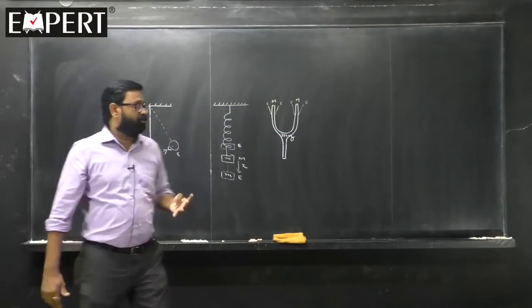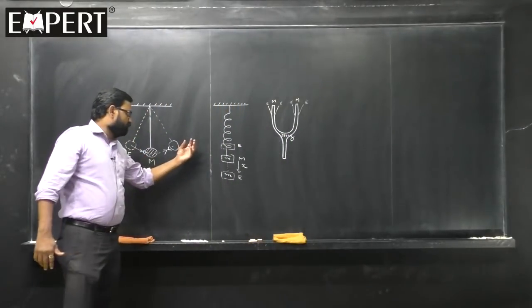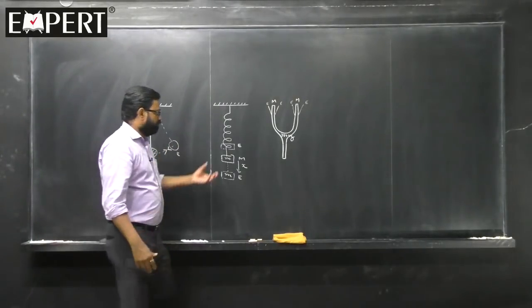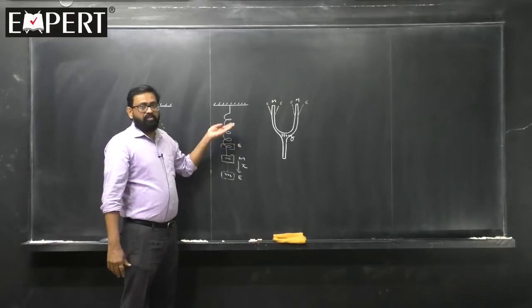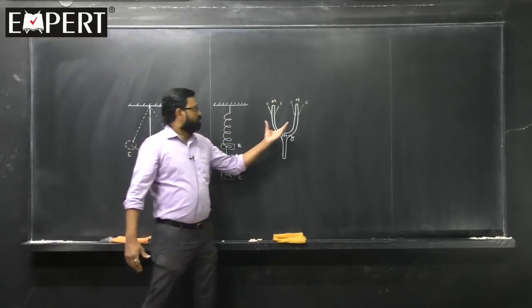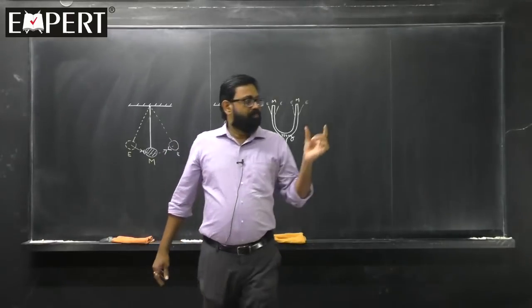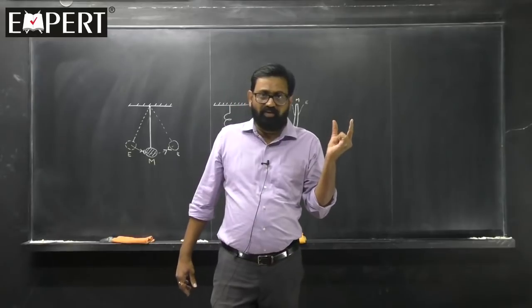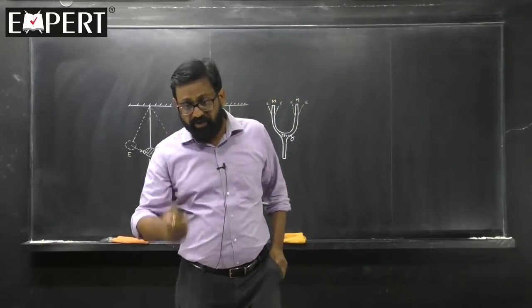The fourth example I quoted was oscillation of this pendulum, a simple pendulum. The fifth example which I quoted was oscillation of this loaded spring, or vibration of this loaded spring. The sixth example which I quoted was vibration of a tuning fork, the prongs of a tuning fork when it was excited. Even I can add one more example.